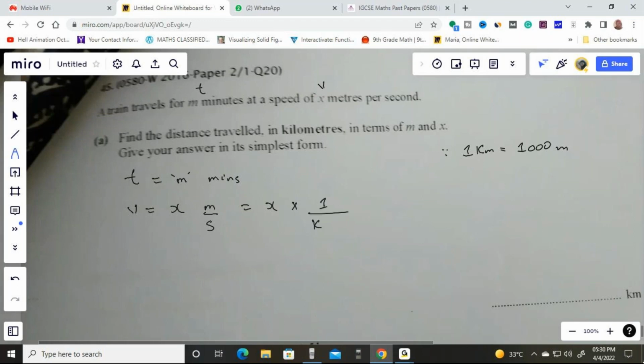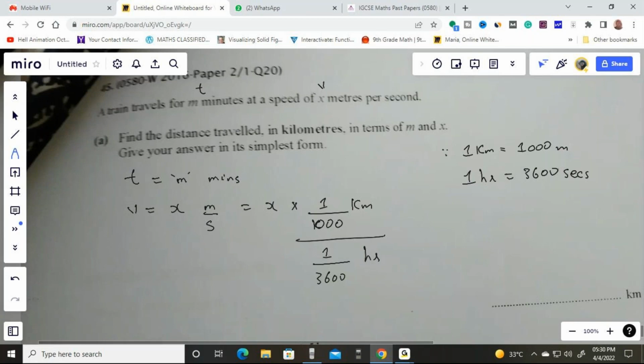I just replaced my meter by 1 upon 1,000 kilometer. And I'm going to replace my seconds. I know that 1 hour is equal to 3,600 seconds, so 1 second will be 1 upon 3,600 hour.